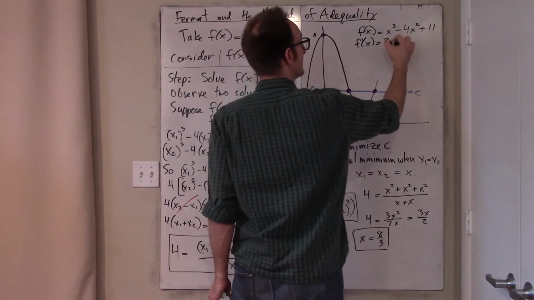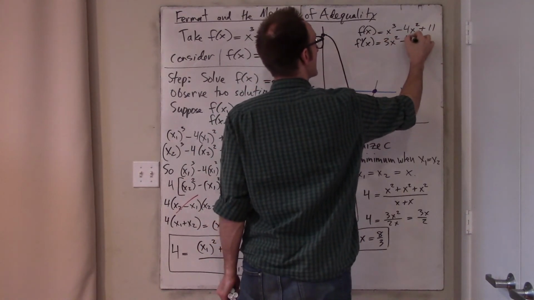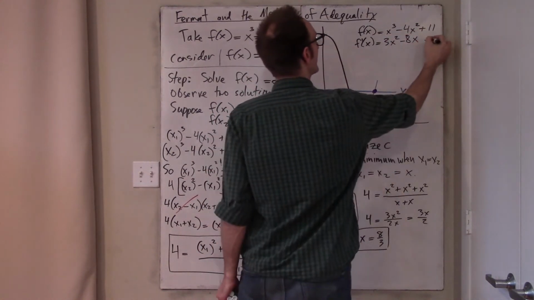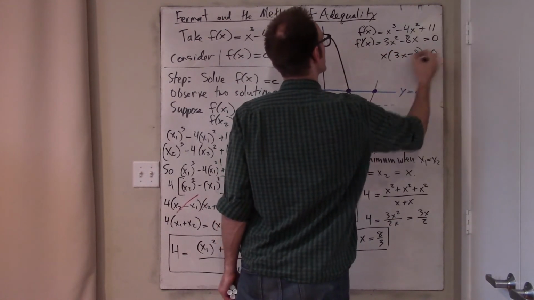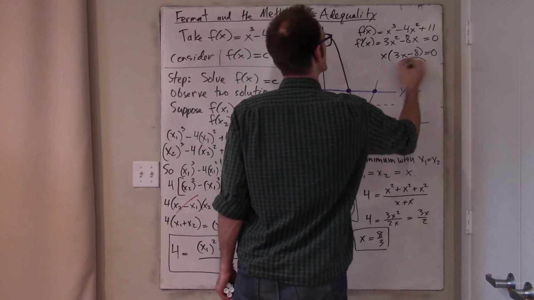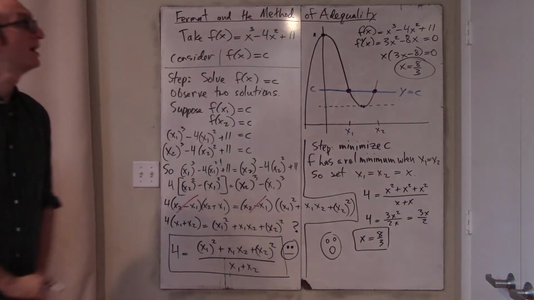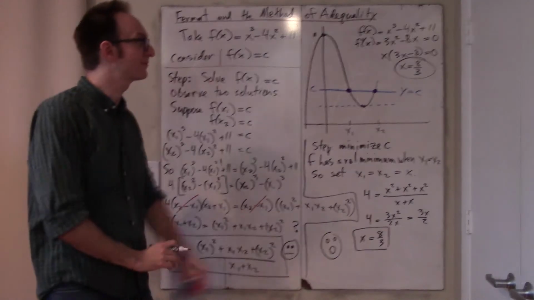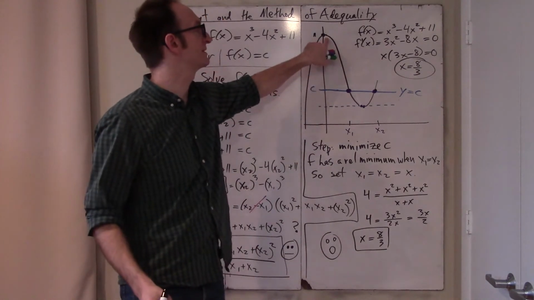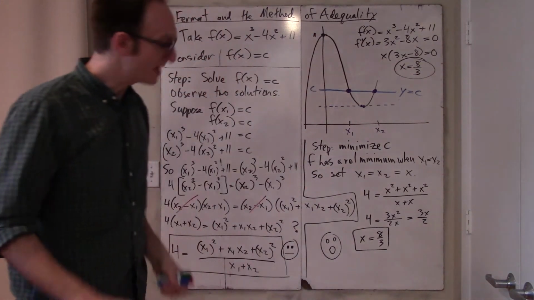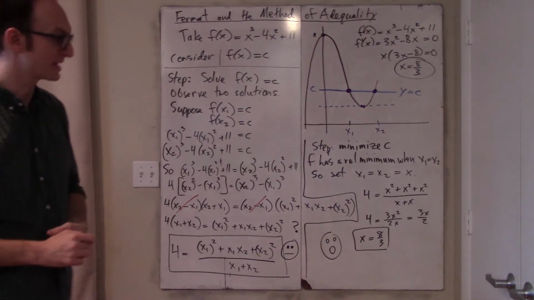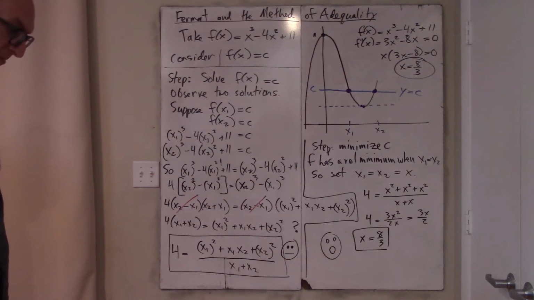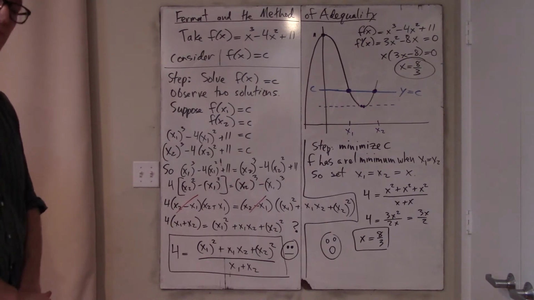So you take this derivative and it's just 3x squared minus 8x, and you set it equal to 0, x times 3x minus 8, and boom, there it is. Of course there's another place where the derivative is 0, there's a relative max up here. But alright, the modern approach is to use all kinds of fancy calculus theorems, and here we have Fermat essentially doing derivatives.